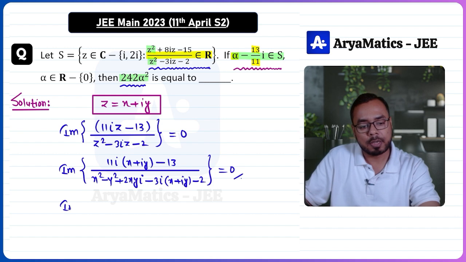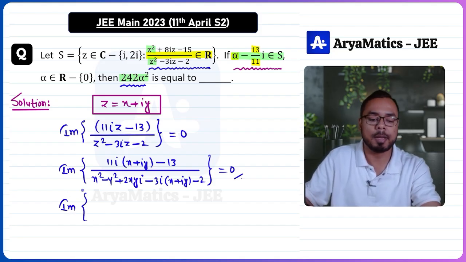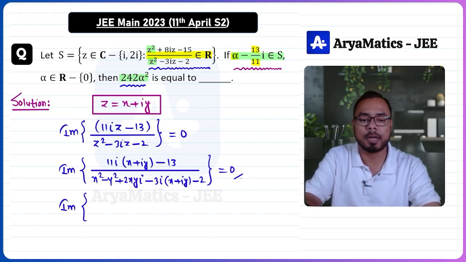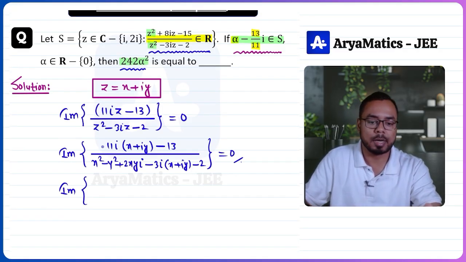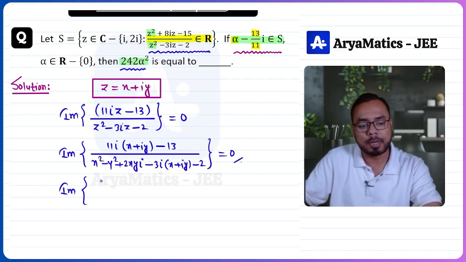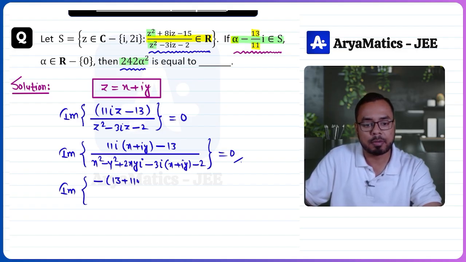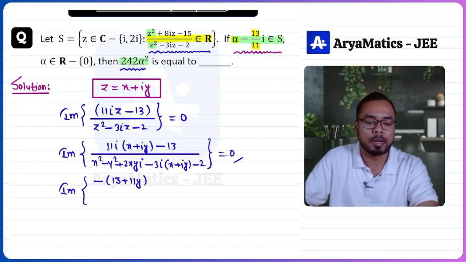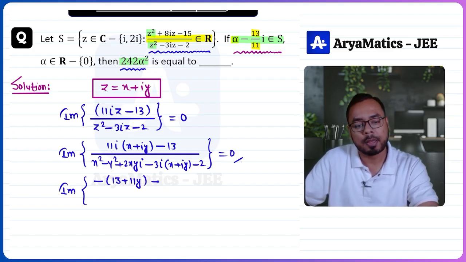Now in next step, we'll try to separate the real and imaginary part in numerator as well as denominator, so that we can multiply by the conjugate of denominator and get the imaginary part, equate the imaginary part to 0. So in numerator, the real part will be minus, if I take common, then you have 13 plus 11y, right? 11 iota into iota y, and then plus 11 iota x.